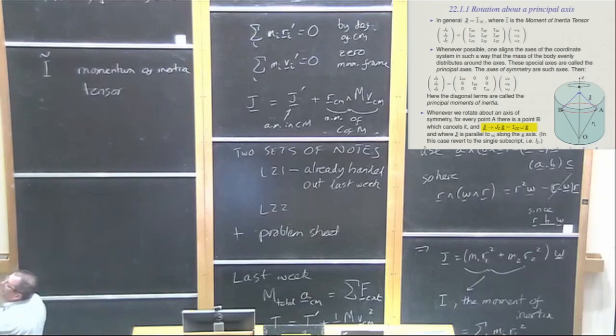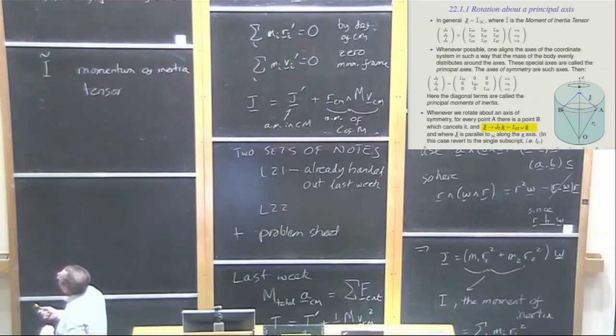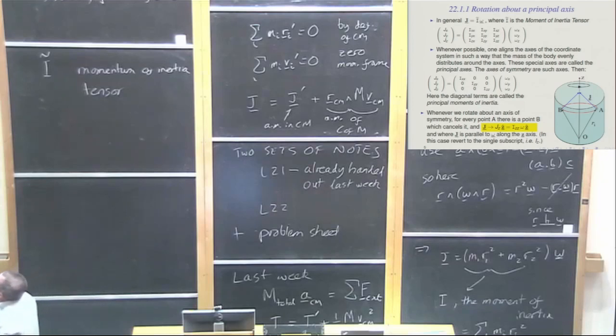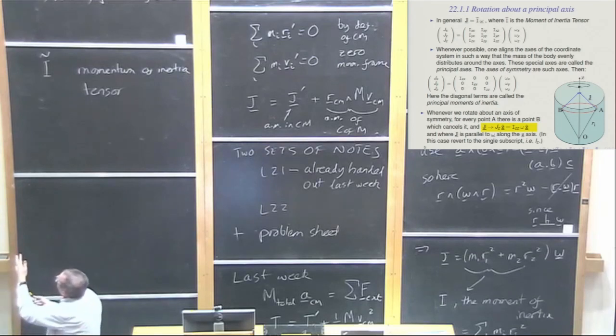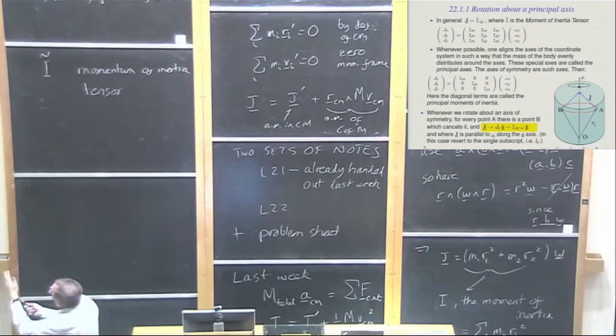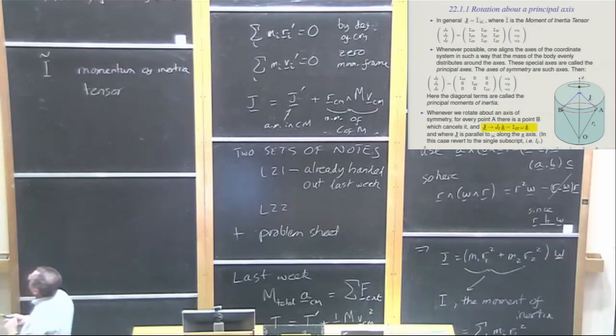And if you have a body which has obvious axes of symmetry, then those axes of symmetry will be the principal axes. And the diagonal terms are called the principal moments of inertia. Okay, so in this case, rather than having this horrible matrix, you just have three quantities, one quantity corresponding to each axis you are considering.